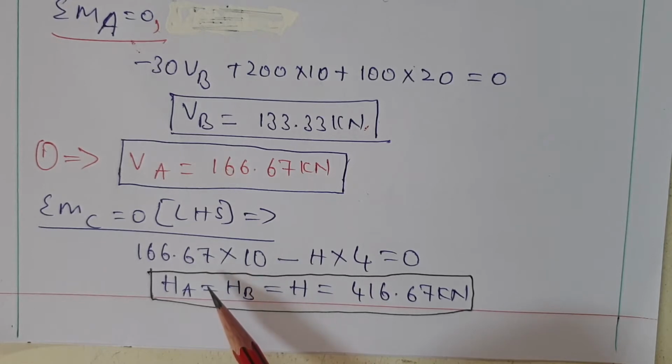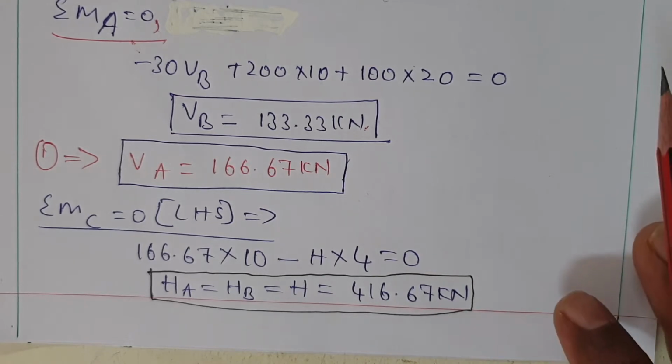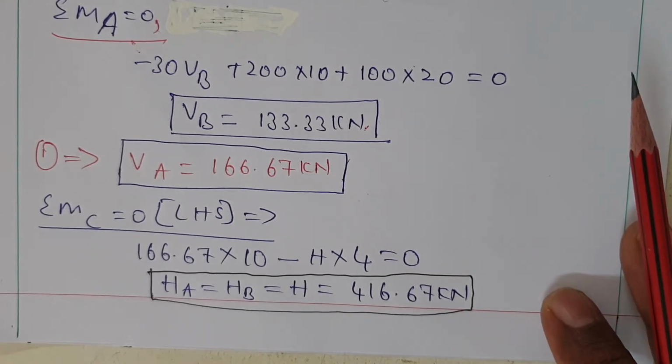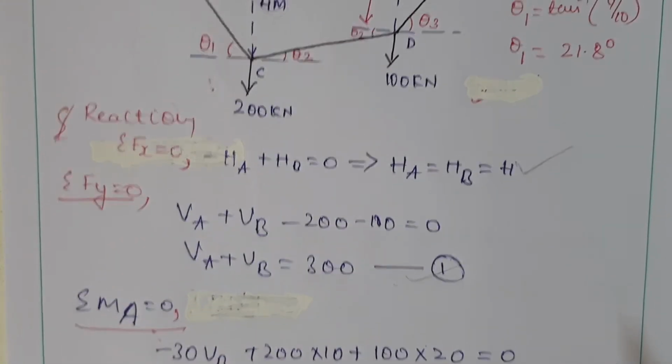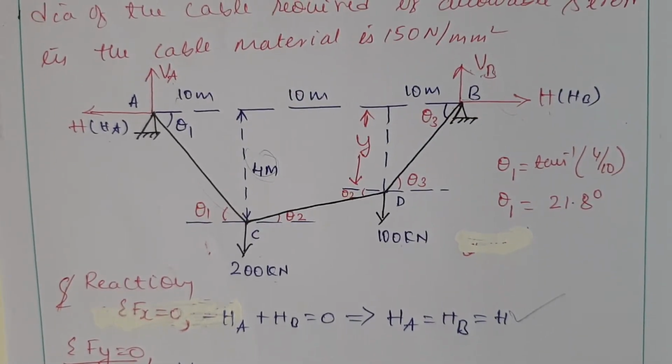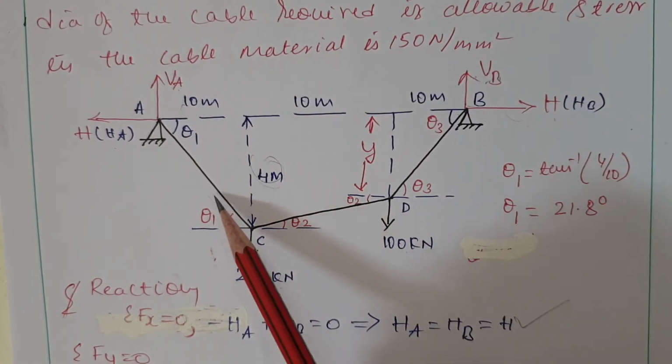At point C we have only two reactions, the horizontal H and the vertical VA. VA is 166.67, its perpendicular distance is 10, minus H into the perpendicular distance 4, equal to 0. Then H value is 416.67 kilonewton.